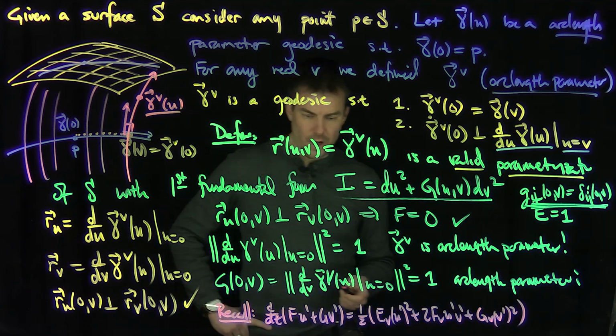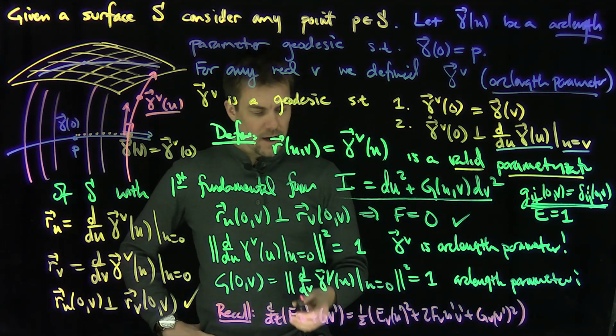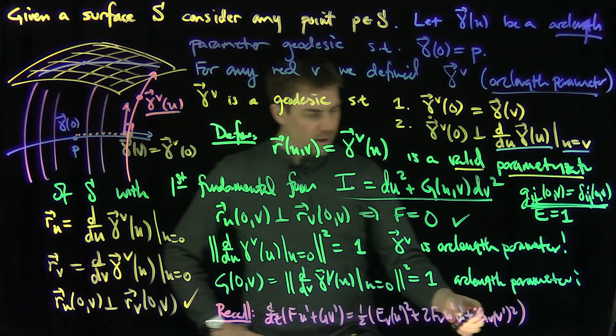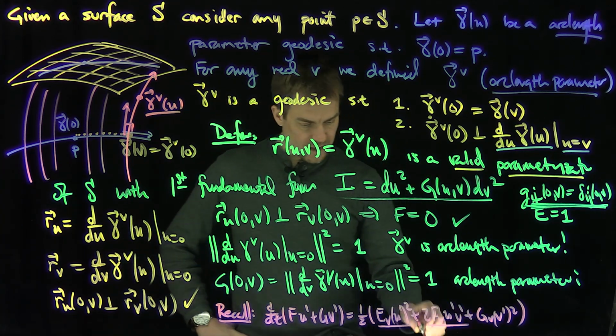So in particular, what do we know? On this geodesic frame over here, what can we say about this? This is going to be equal to 0 and this is going to be equal to 0.